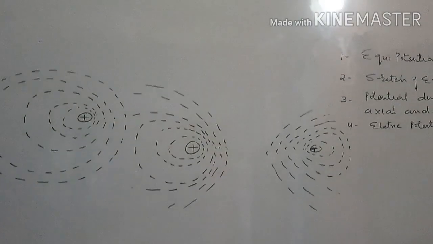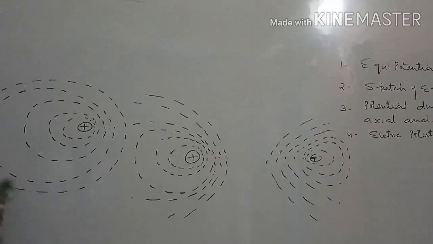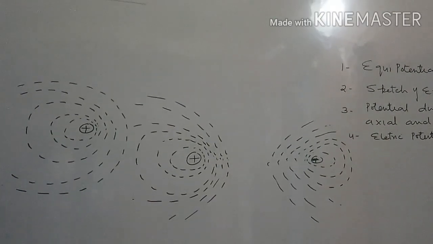It will be the shape of the equipotential surfaces for a dipole. So these were the different shapes of equipotential surfaces.